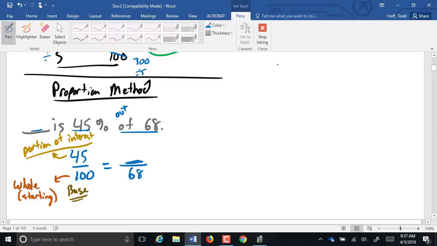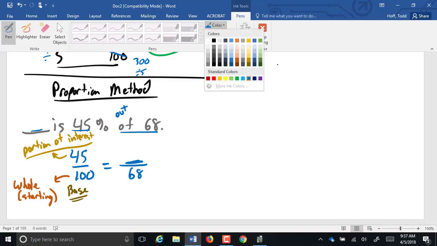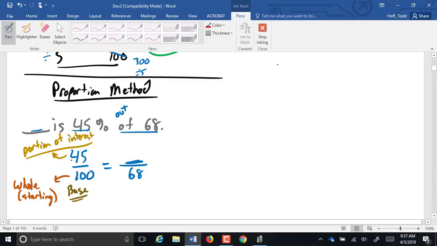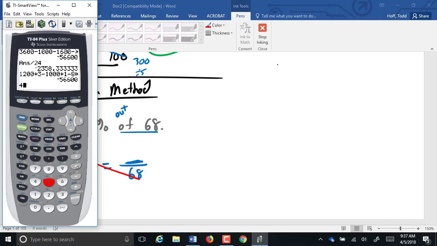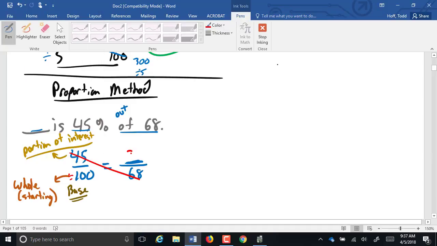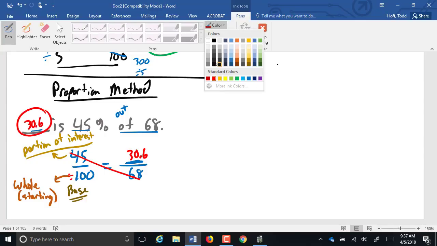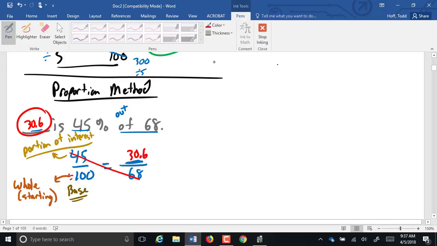Implies the 68 goes on bottom. We cross multiply and divide. 45 times 68 divided by 100 gives us 30.6. So 30.6 is 45% of 68.